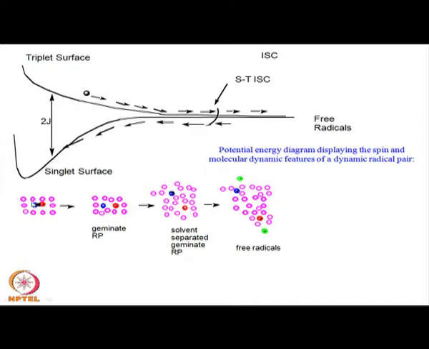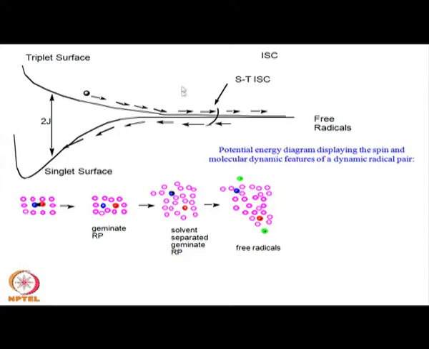So, what is happening is that here you have this bond. Now, this is your geminate radical pair. Maybe this is plus and minus. So, they are separated. This is a solvent separated geminate radical pair. Some of the solvent molecules have entered into it, but still it is maintaining this geminate nature.